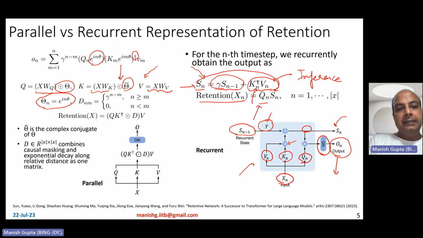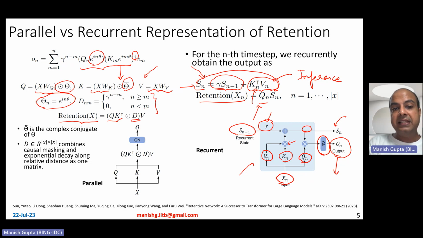Now remember, there is this gamma that also needs to be taken care of, which is why my retention overall is defined as QK transpose multiplied by the gamma term, which is represented as D. Remember, it is an autoregressive formulation.